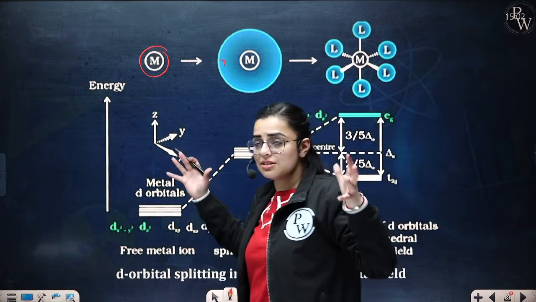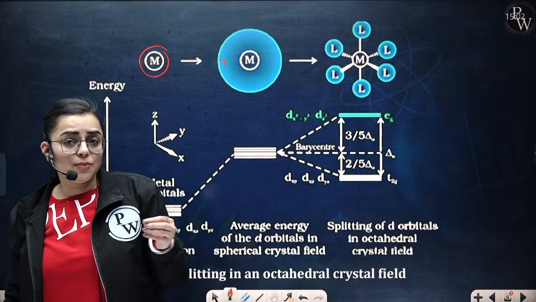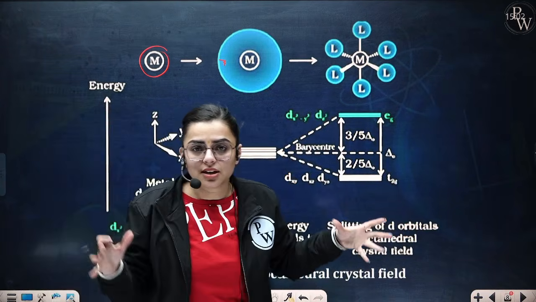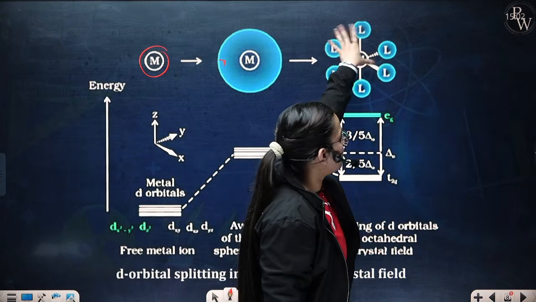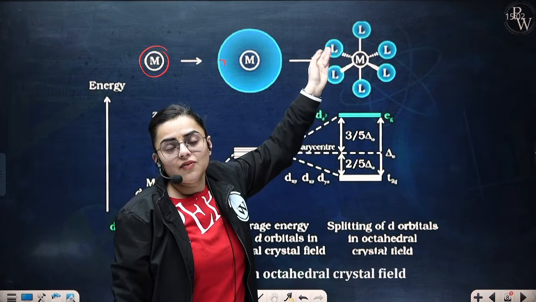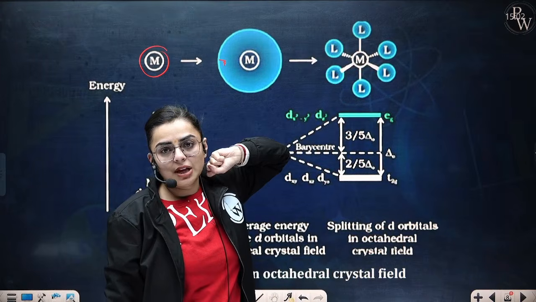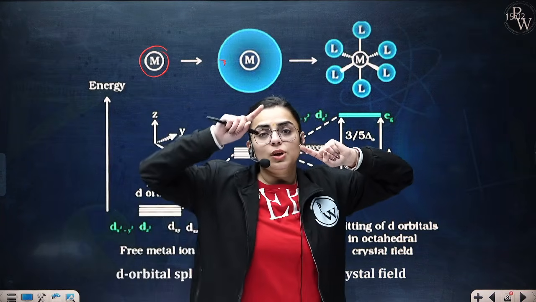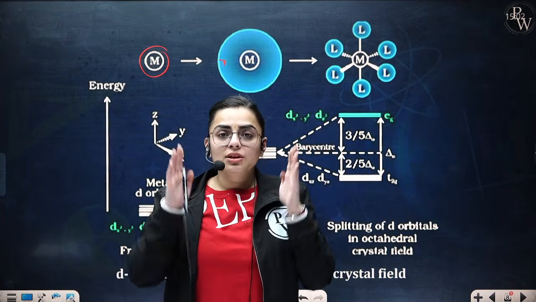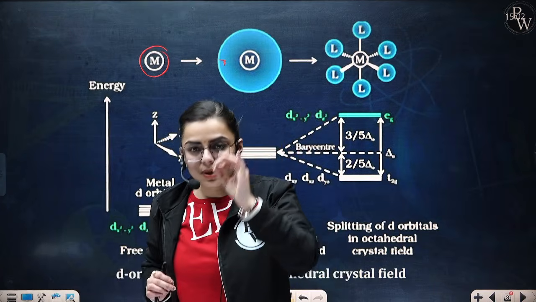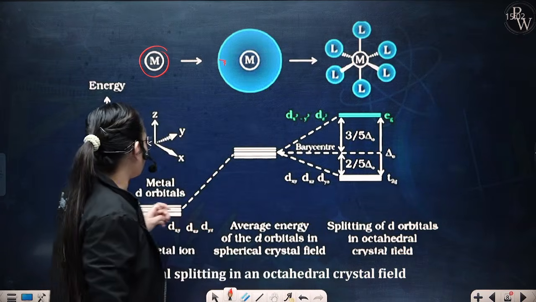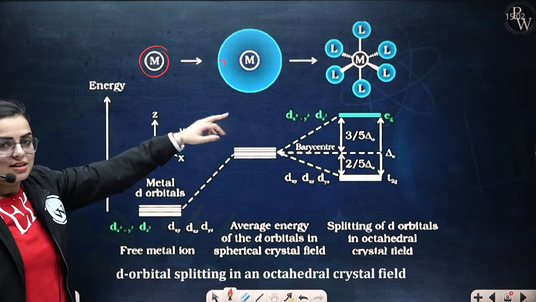There came a time when they came so close that the repulsion increased. Degeneracy broke down and they assembled themselves in such a way that the ligands aligned where the orbitals were on the axis, for example dx square minus y square and dz square. So they approached in those directions automatically.